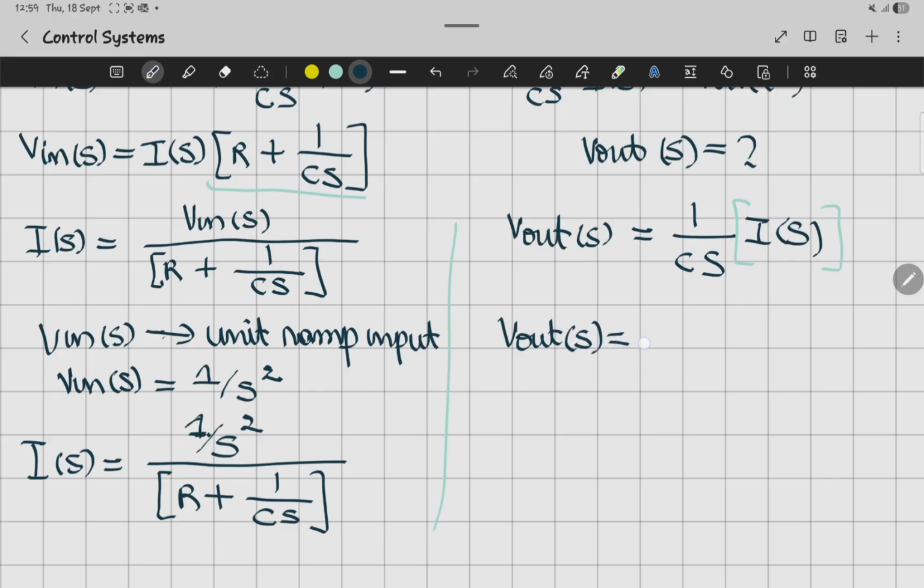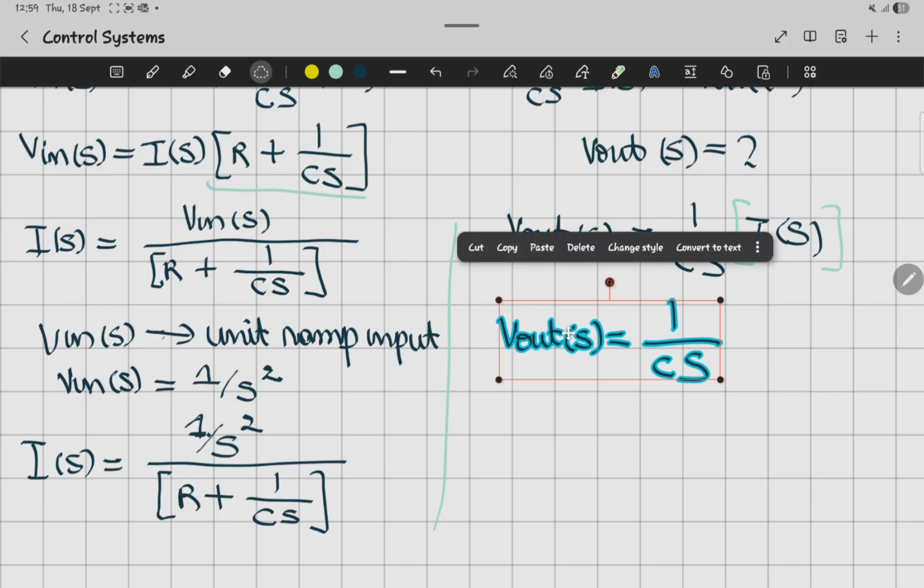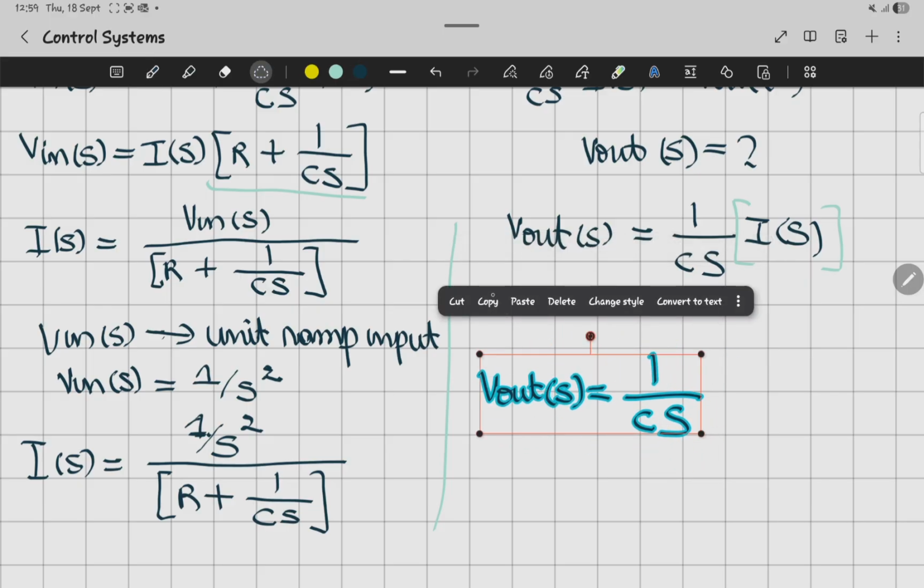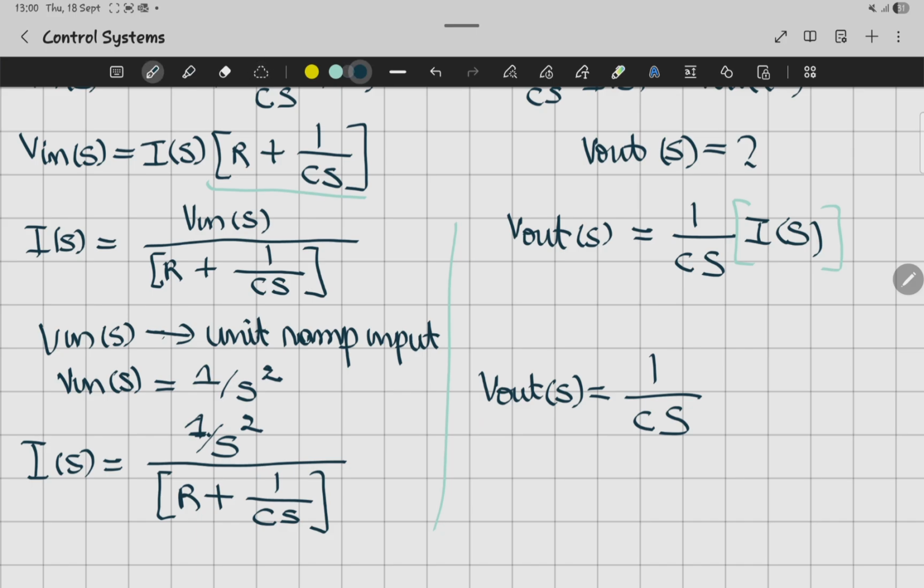Now the equation for V out is going to be, okay, we're going to replace those two equations. I'm going to put some space, maybe just say this is equation 2 and this is equation 1. So we're going to put 2 into 1. We're going to replace it there.